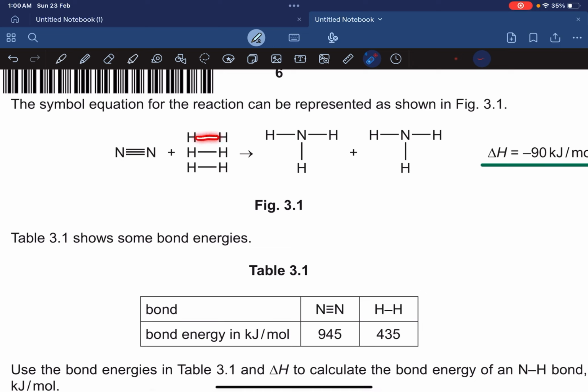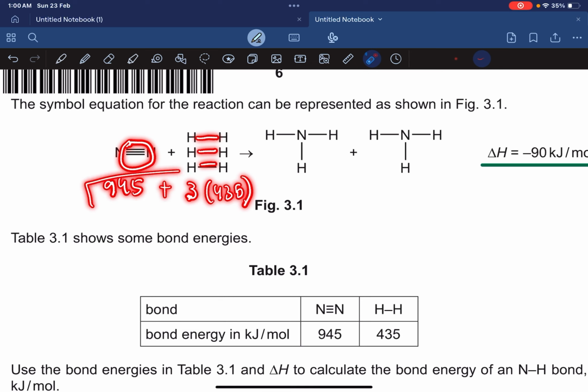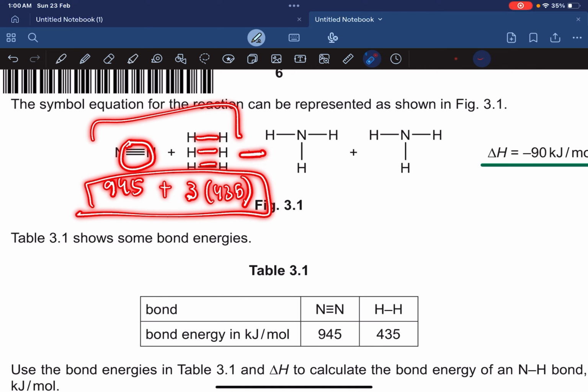H-H bond, how many H-H bonds do we have? We have 3 H-H bonds, and the energy for one H-H bond is 435. So it's going to be 435 times 3. We have one nitrogen triple bond, and the energy is 945. So these are the total energies on this side of the equation. This is your equals sign.